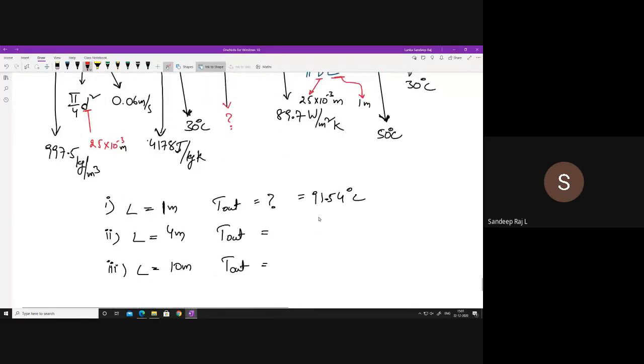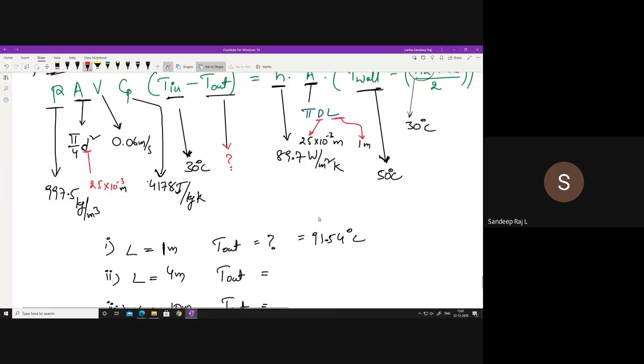Tell me what is T out value at L equal to 4 meter, and T out value at L equal to 10 meter.